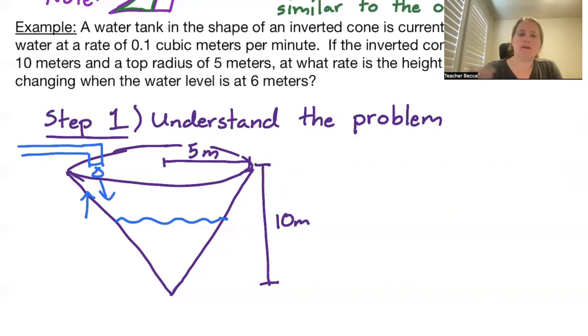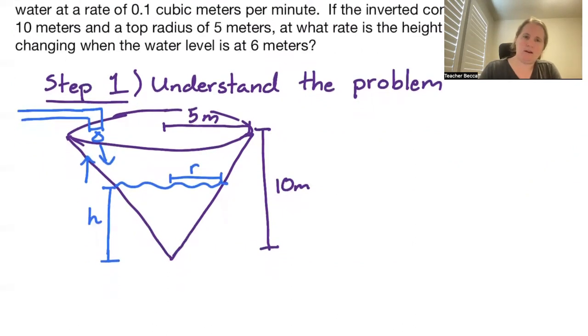So we need to identify known symbols and what we are looking for. So a couple pieces of information. This water level is going to have a height h, and the water level will also have a radius r. And then we'll have a volume V, so V equals the total volume of water in the tank.